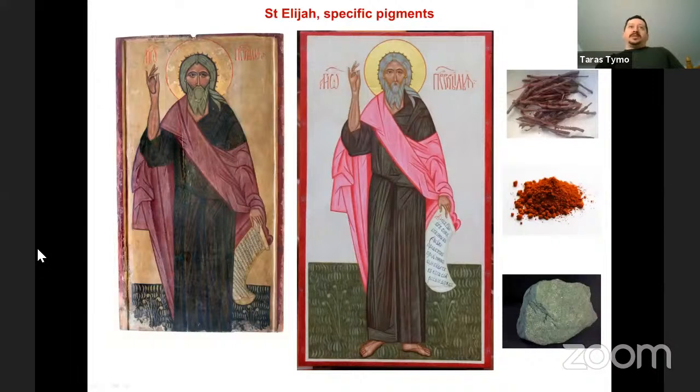And here are just examples again of old icons of Saint Elijah, which was dirty and dark. But since we knew what the actual pigment used was, this green one, in the original it was probably something like that, the pinky pigment. And the glauconite, a green pigment.